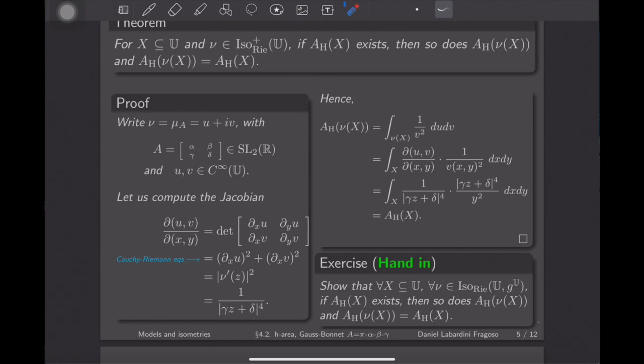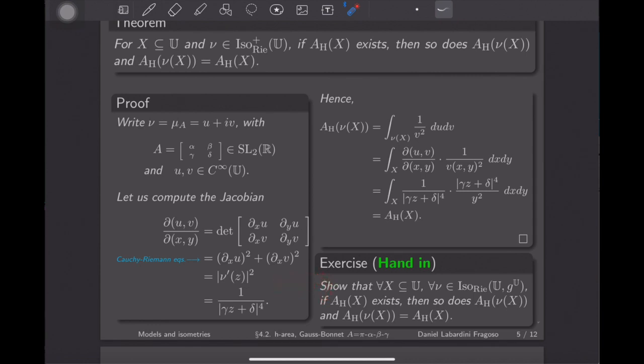So on the one hand, I have computed the Jacobian, and it's given in these terms, in terms of the matrix and the point z at which I'm evaluating. So namely z is, let's say, x plus iy.